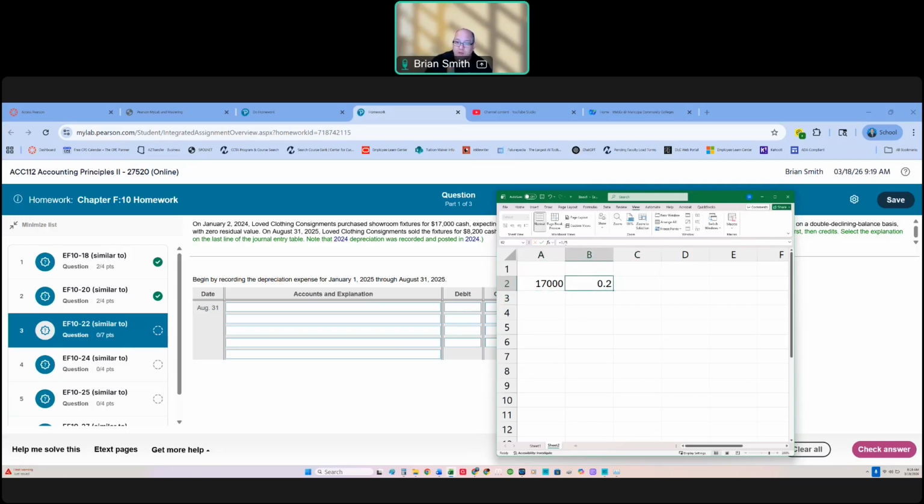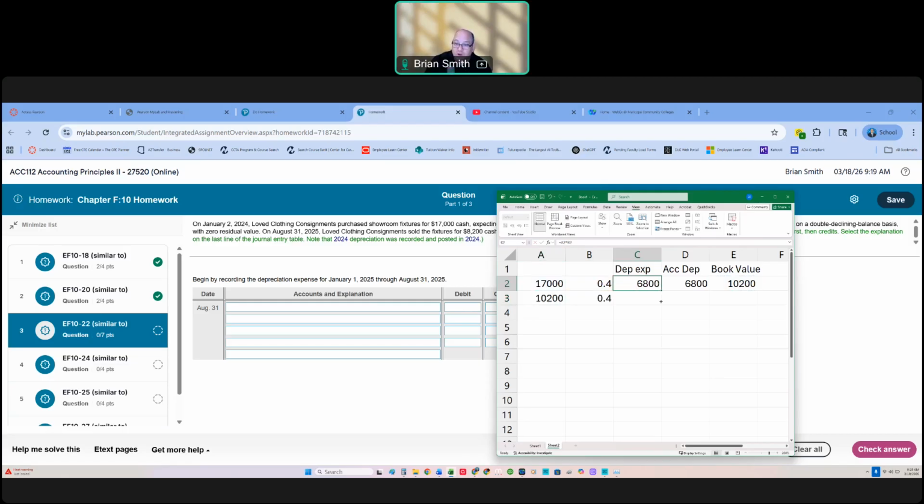And so we're going to double that. So it's 0.4. So in year 1, we had 6,800. This is our depreciation expense, and this is our accumulated depreciation, which in this case is just the same thing. So our book value is going to be, and we had no residual value, not that that matters. Okay. So we're going to get that rate again.